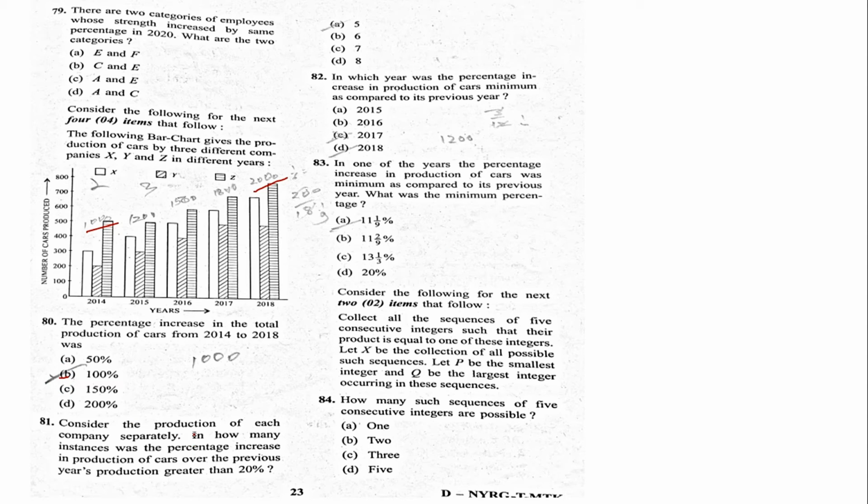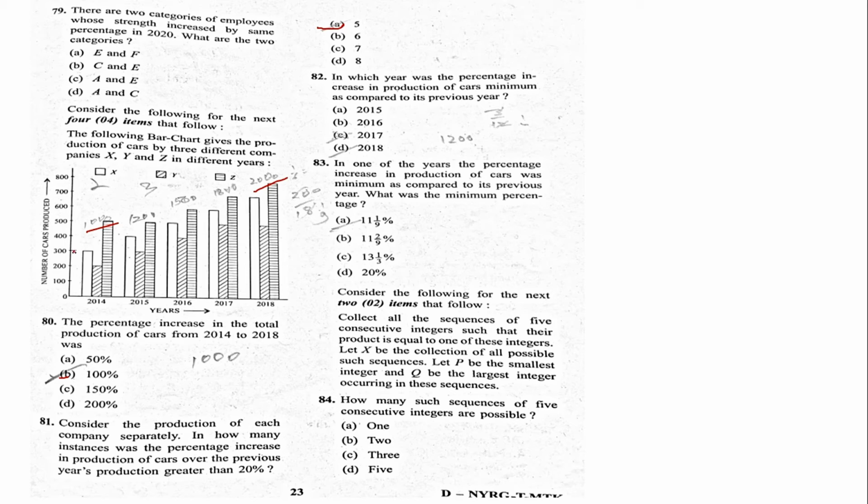The second question says that for the production of each company separately, in how many instances was the percentage increase in the production of cars over the previous year's production greater than 20%. So it is asking in which years we have seen a greater than 20% increase in the total production. So in five cases we will be saying this, and the right answer will be 5. You can check it one by one.